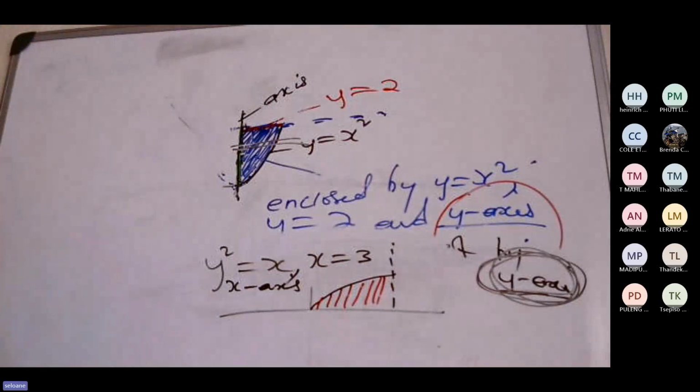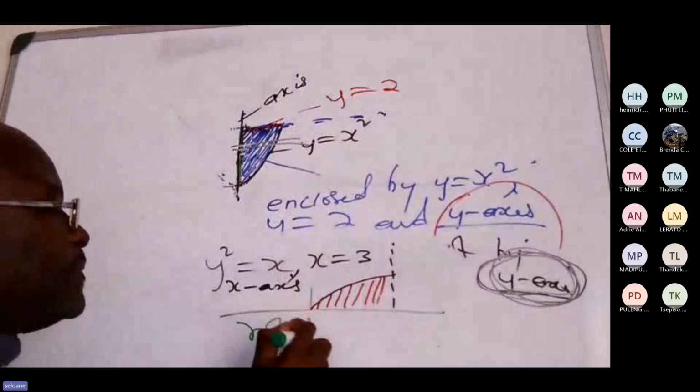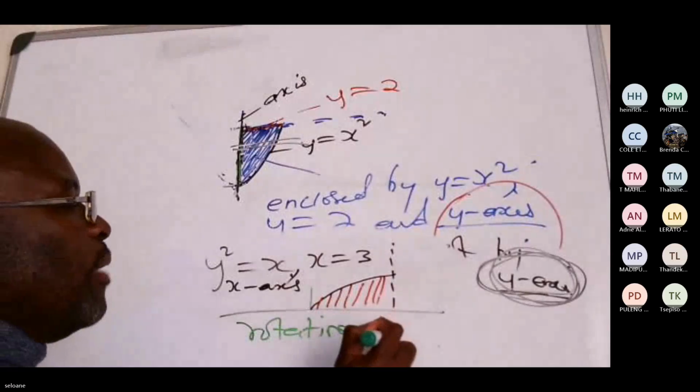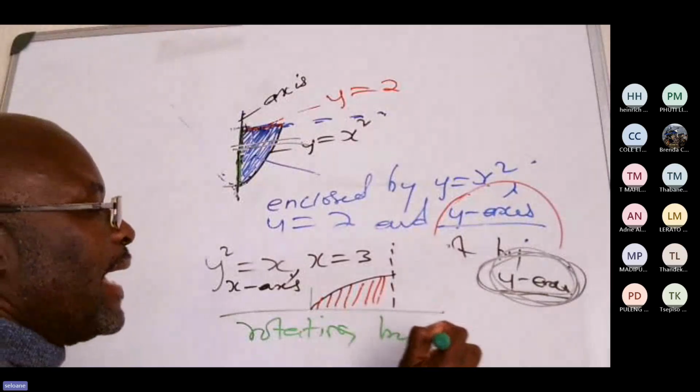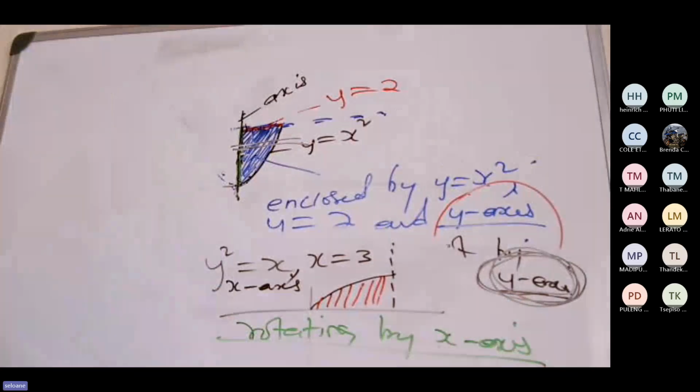And from there, that is not all. The question is, you are going to spin it about which line? Which vertical line or which horizontal line? Say you are rotating it about the x-axis. Hopefully this color is still visible.